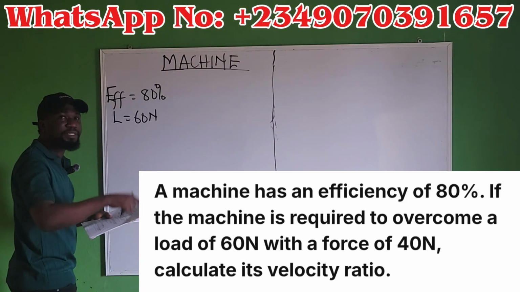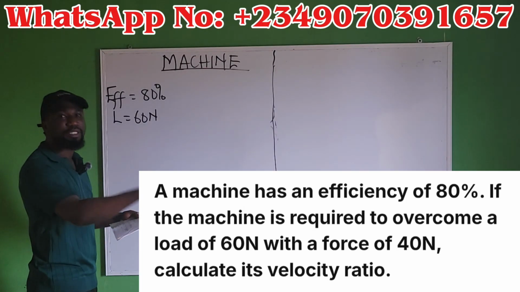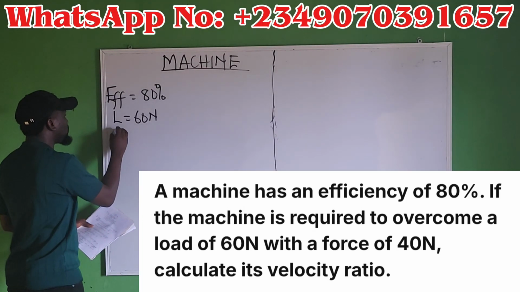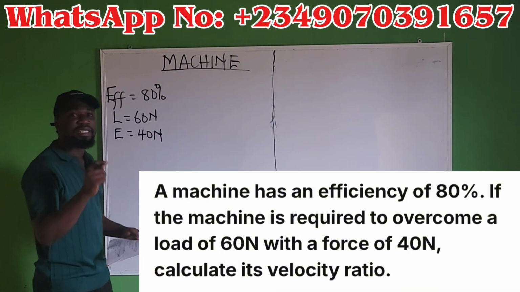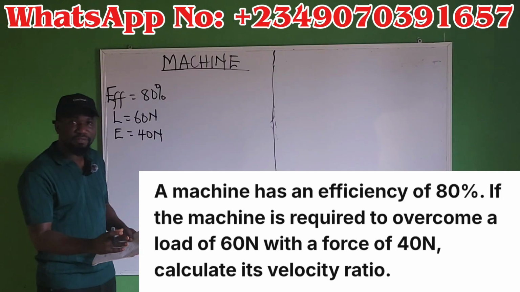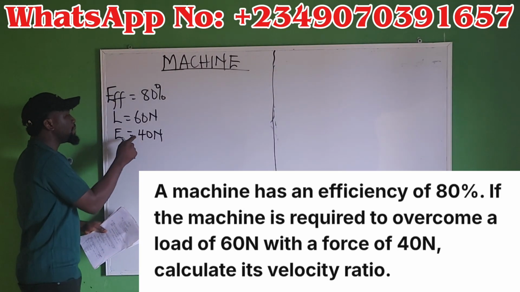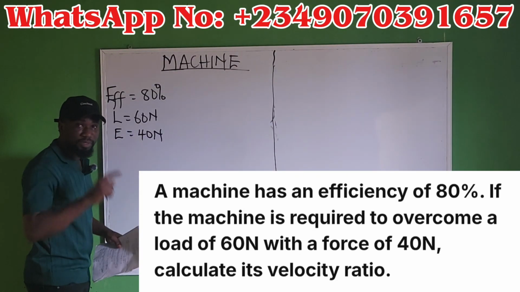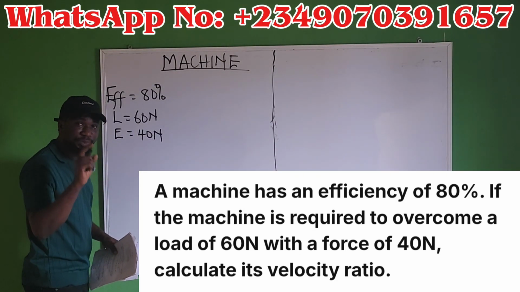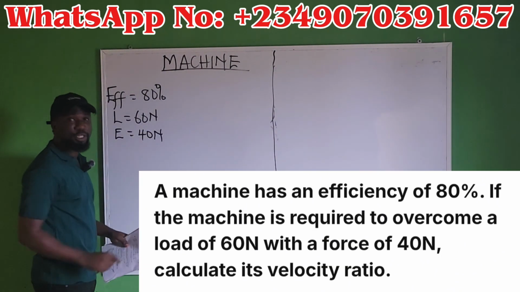That force represents the effort, because effort is used in overcoming a load. So the effort is 40 Newton. And you need to know that whenever a machine is being used, the value for effort is always less than the load. Take note: for a simple machine, the effort is always less than the load.